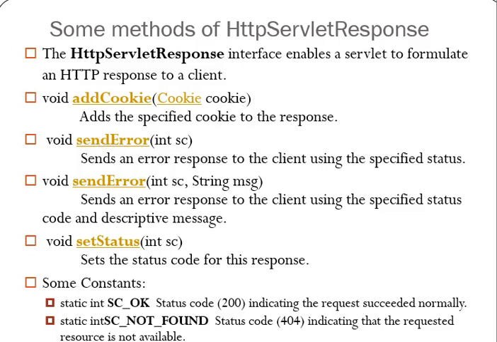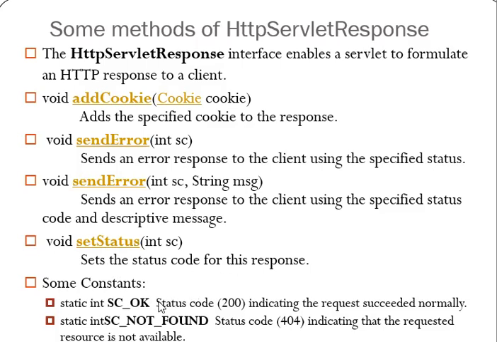Then send error. This is used to send error messages. It sends an error response to the client using a specified status value. We can also send the status value along with the message. So if the server finds that there is some error, then it can send the error message and the value associated with that particular message. Then get status. This sets the status code for this particular response.